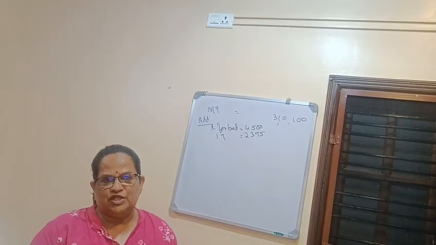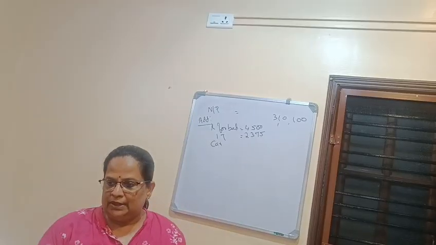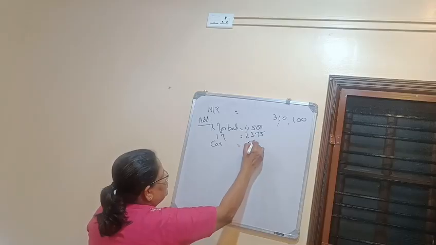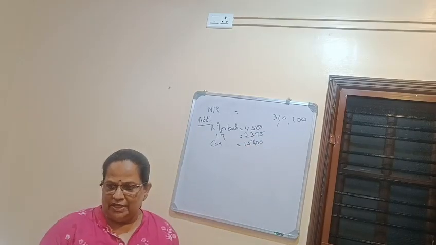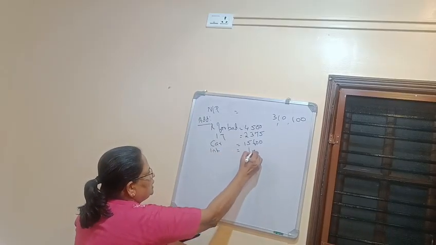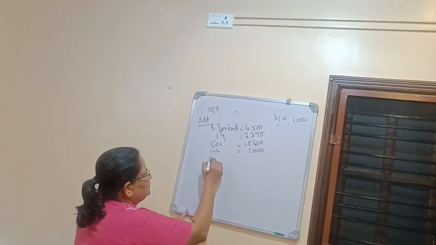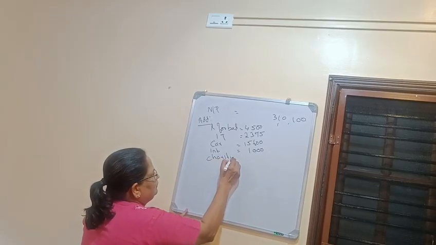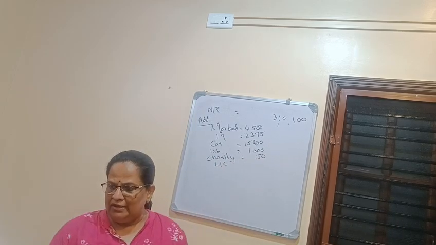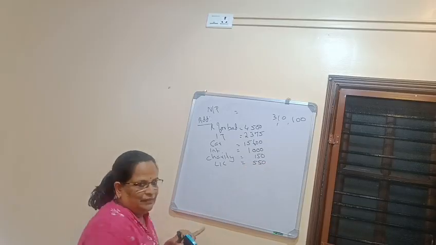Now next is car expenses, half of that: 31,200 divided by 2, 15,600. Now next item, interest on capital 1,000. Next is charity 150. LIC, life insurance premium for own life, that is 550.